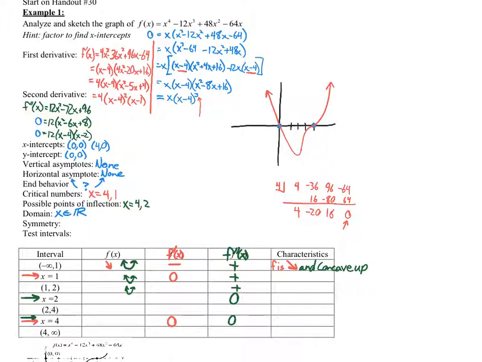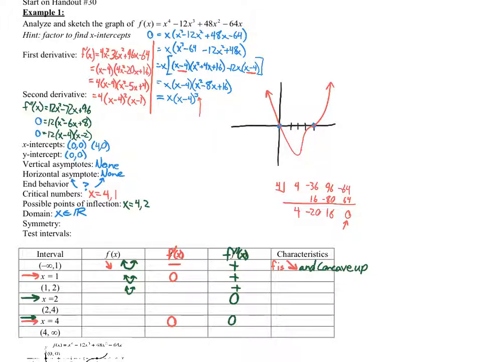So I know I'm concave up on the interval from negative infinity up to 2. Does that make sense? Because the second derivative at 2 is 0, right? Correct. So everything to the left of that is going to be the same concavity.